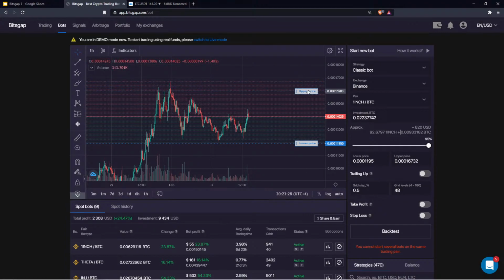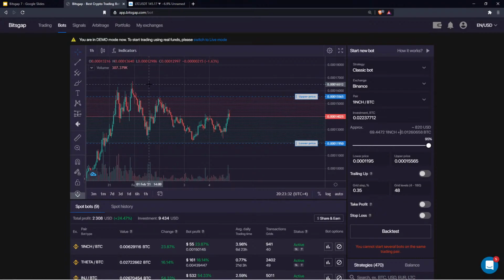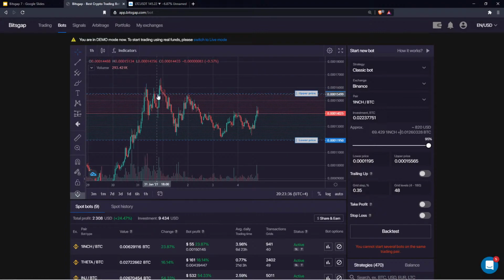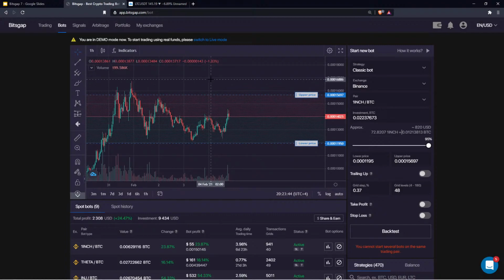Or you can put it lower, let's say to that point where you've noticed that the price has more resistance cases. Okay, so here's the price resistance, so your upper price can be somewhere in that area.